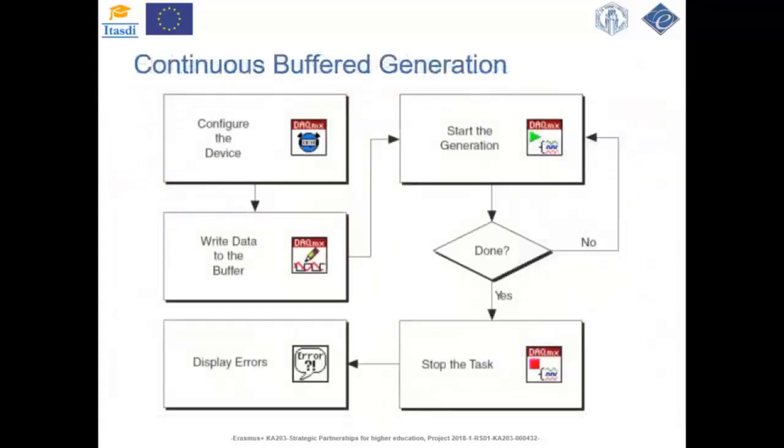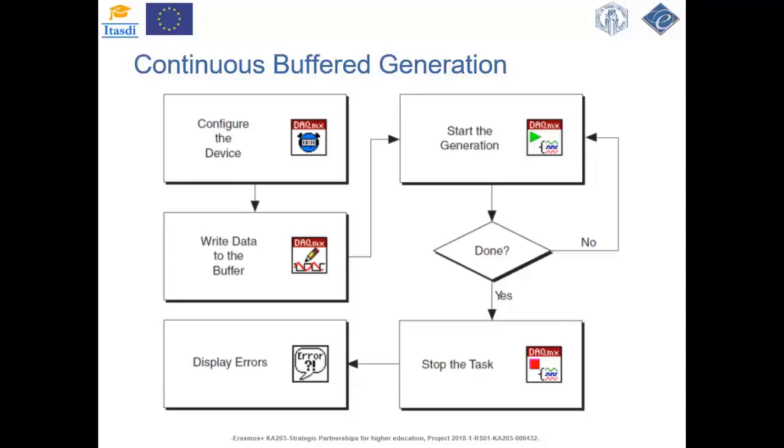So now we're going forward to the continuous buffer generation, and the main difference between a finite buffer generation and a continuous buffer generation is the number of points that are generated. In a finite buffer generation, we generate the data in the buffer a finite number of times, whereas in a continuous buffer generation, the data can be generated indefinitely, as shown on this flow chart.